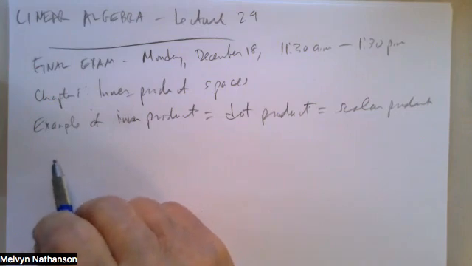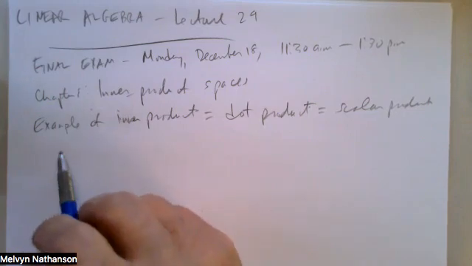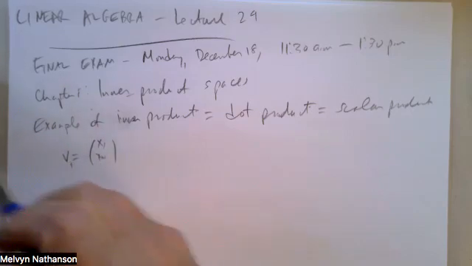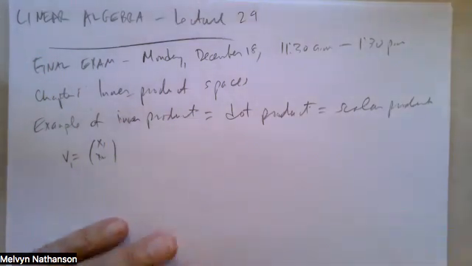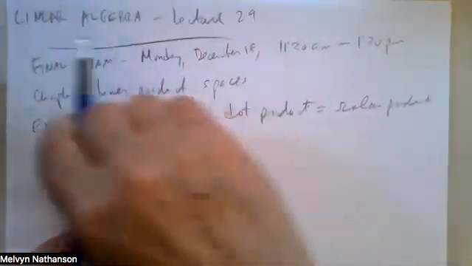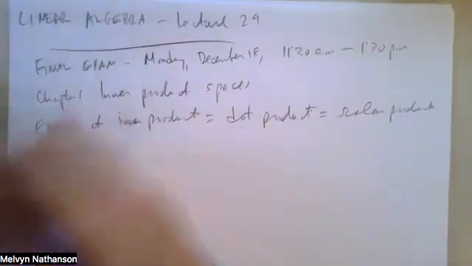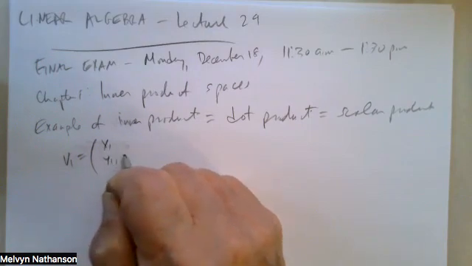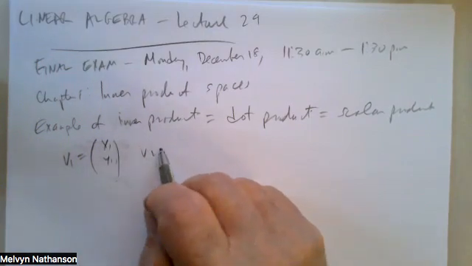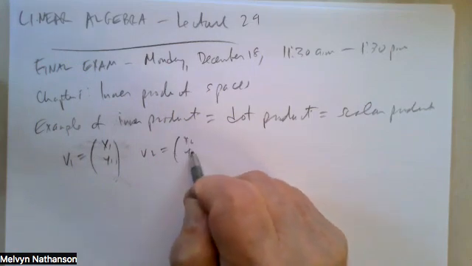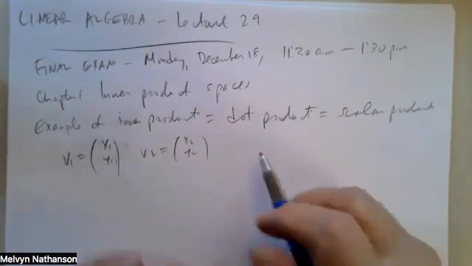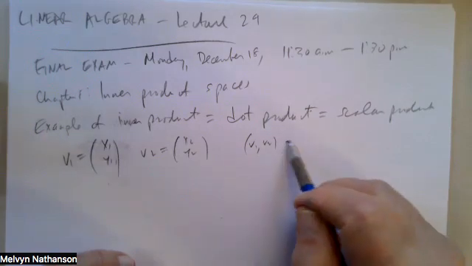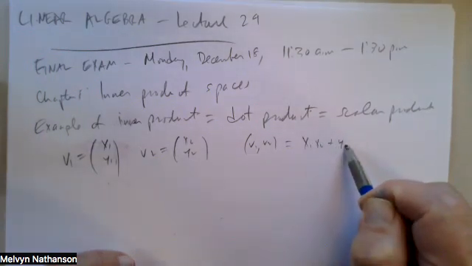So if you have two vectors, let me use coordinates x and y, maybe just to make it a little bit easier. If v1 has coordinates x1, y1, and v2 has coordinates x2, y2, the standard inner product, which we write v1, v2 like this, is x1 x2 plus y1 y2.